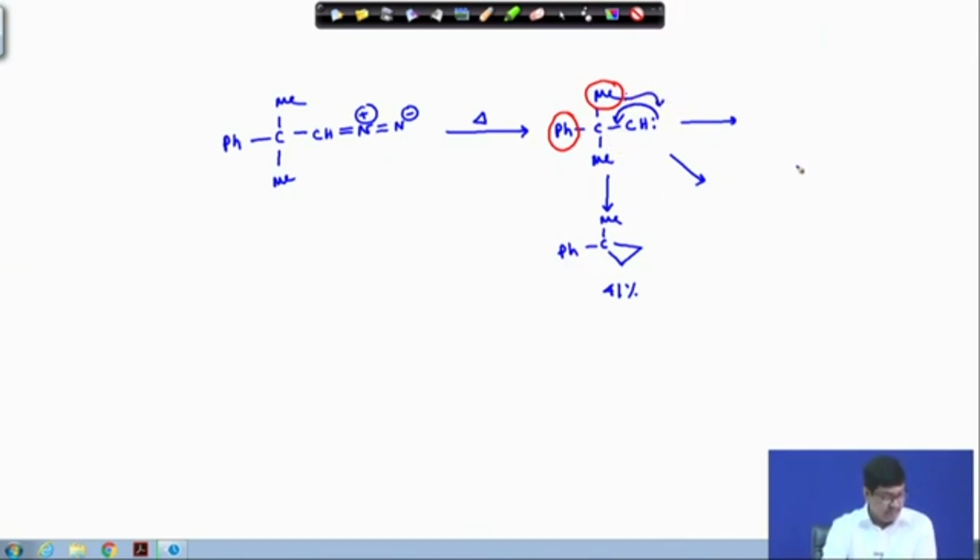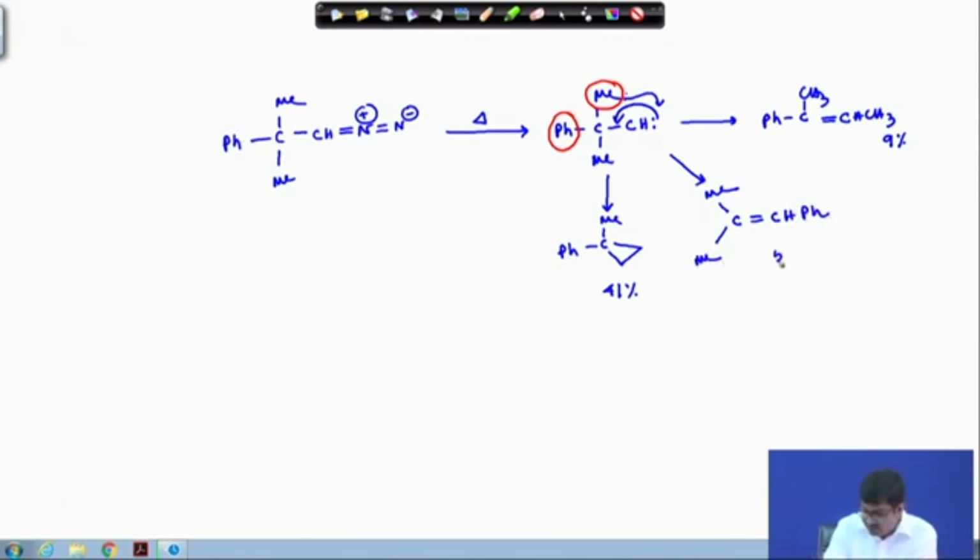If this migrates, then the following product will be formed, but this is only 9%, whereas the major product is after the phenyl migration, and that is this product, and the yield is 50%.